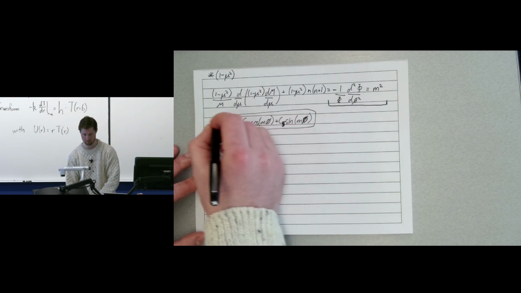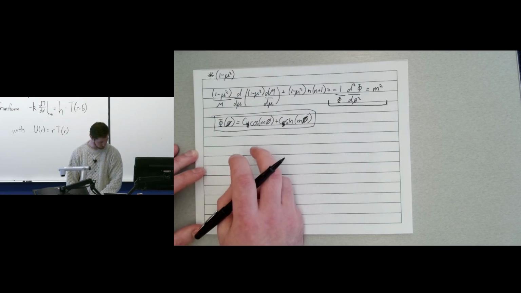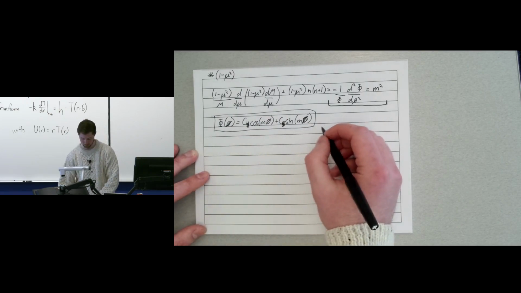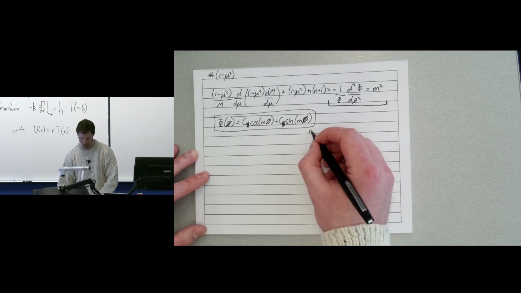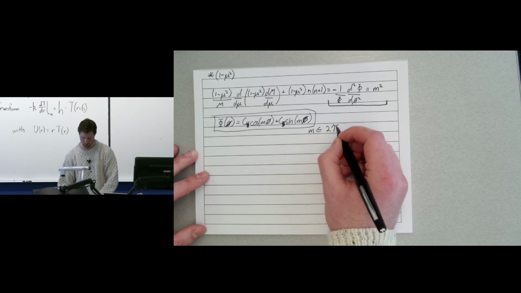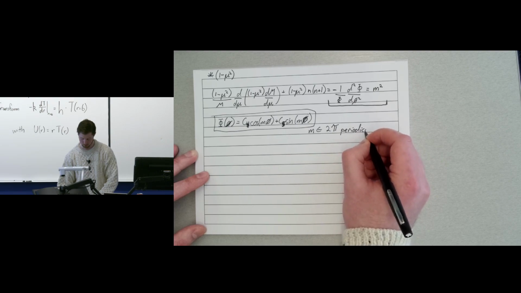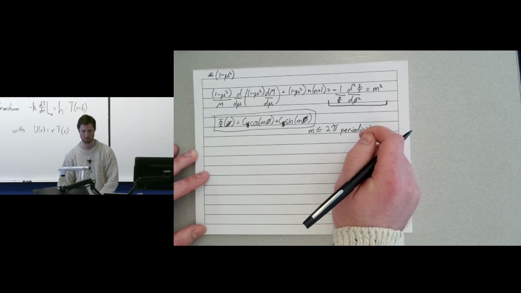100 times. All right, and so lastly, as with cylinders, we're going to restrict m to have 2 pi periodicity. Who remembers what that means?